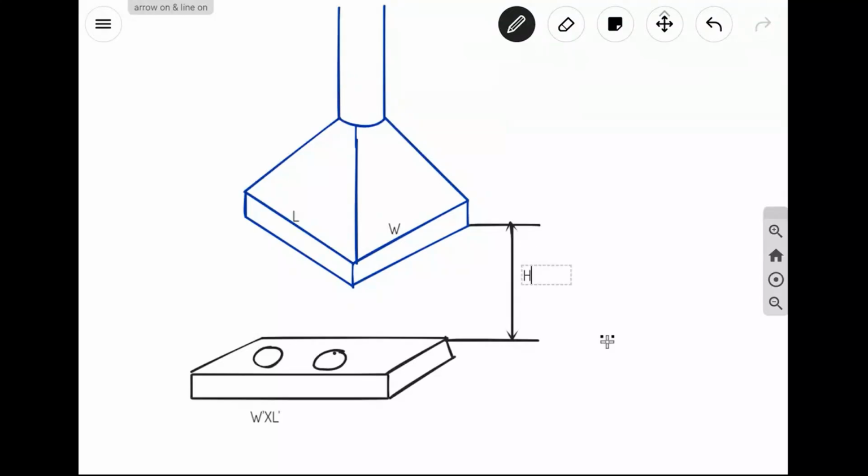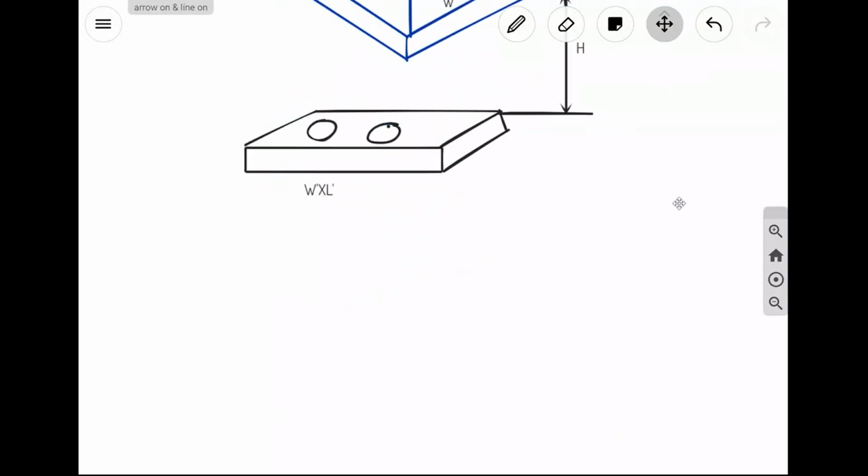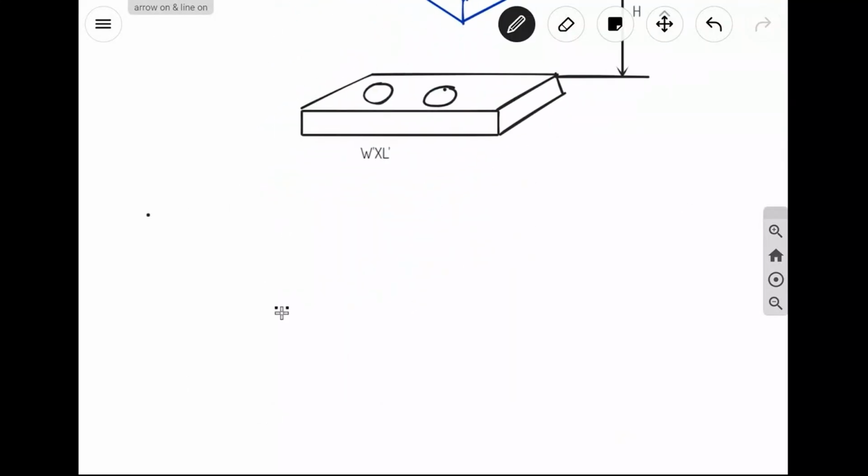Therefore, let the hood size be width into length.